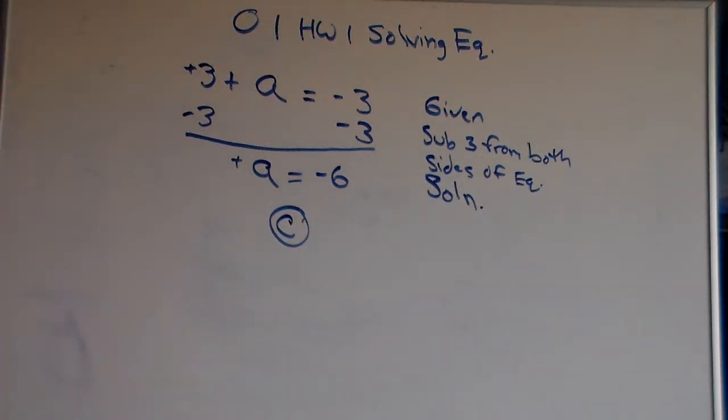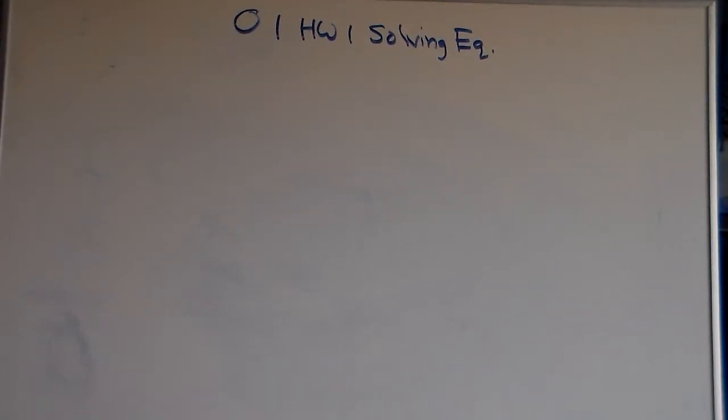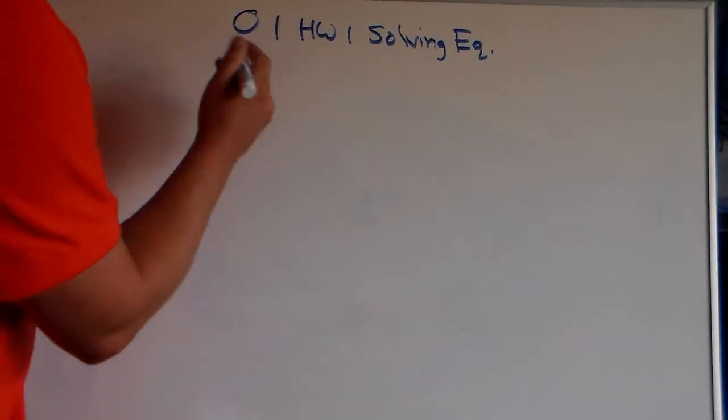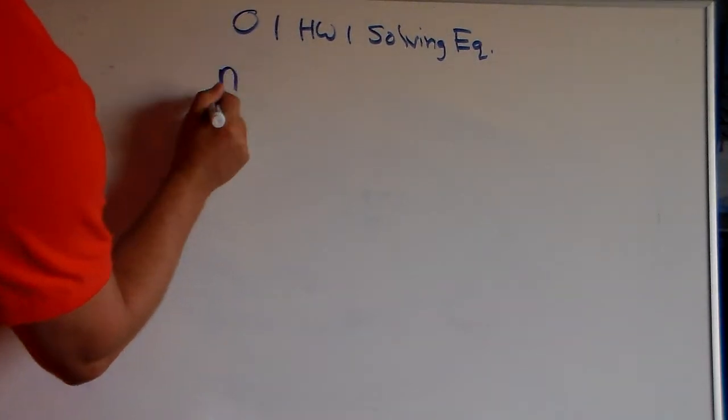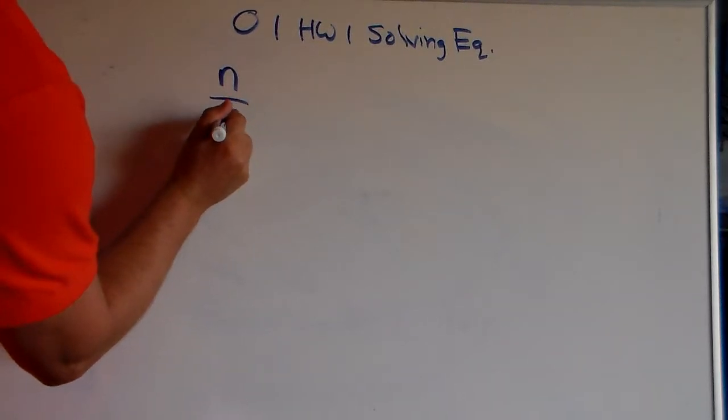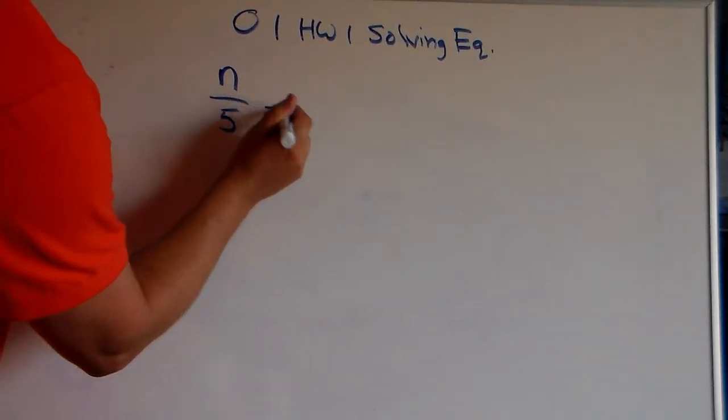Next problem that we're going to do will be problem number 3. Alright, next up is problem number 3. And number 3 says n divided by 5 is equal to 3.